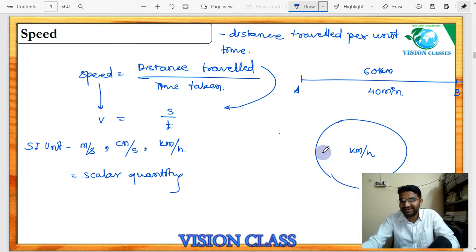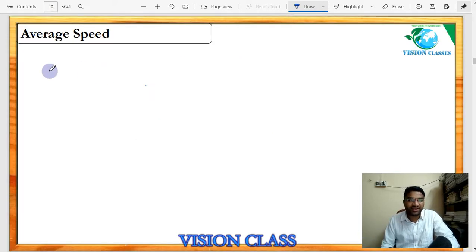Now the next point is average speed. Average speed is nothing but total distance traveled over total time taken.